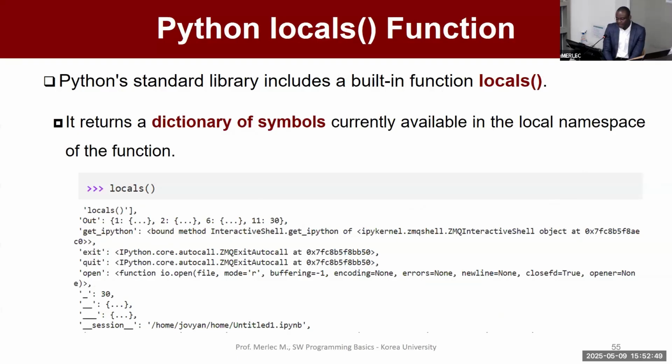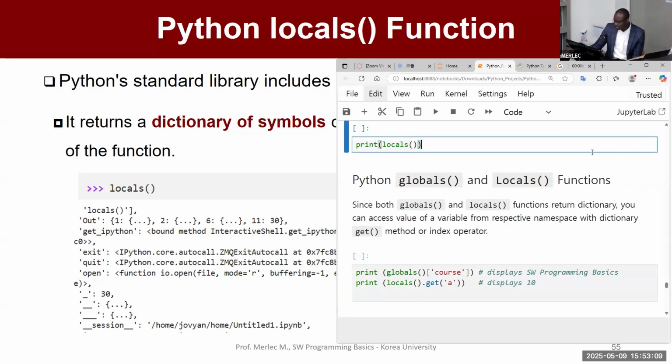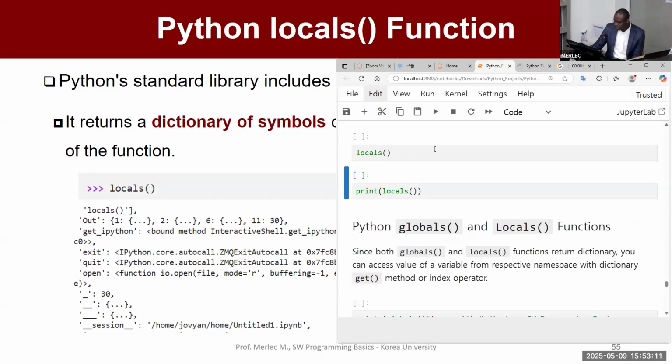Then I go to the next object, which returns all the object content in the local space. Since they are loaded in memory, in local space you will get all the resources which are in global space.